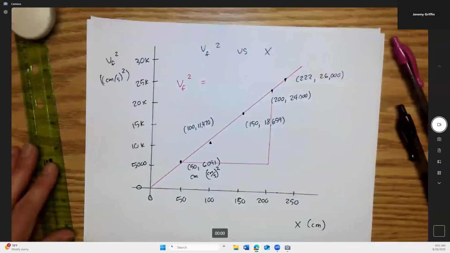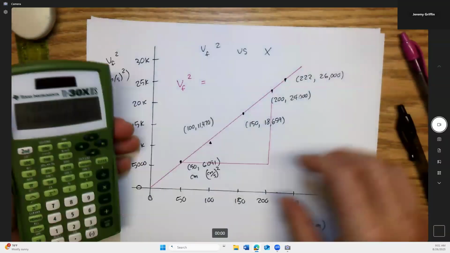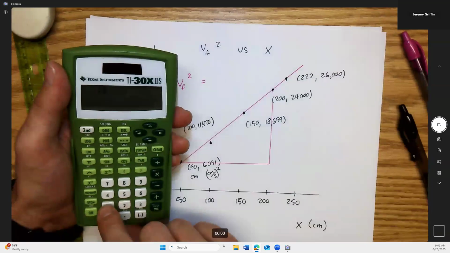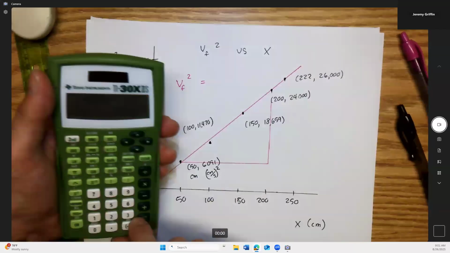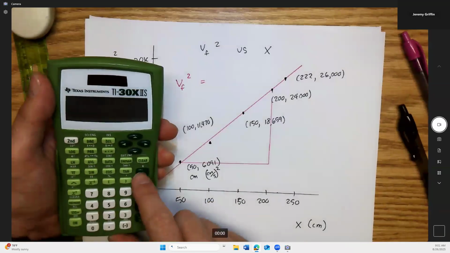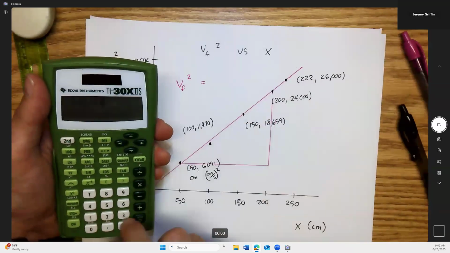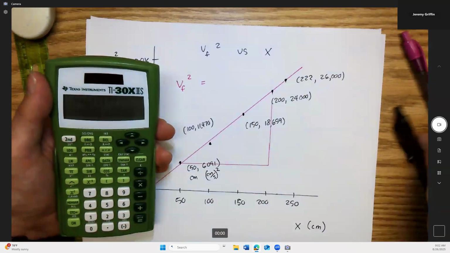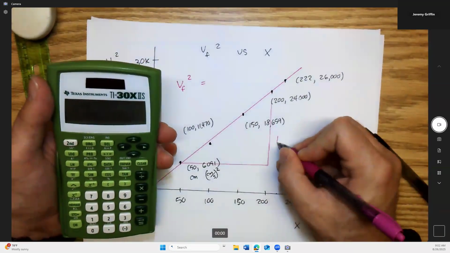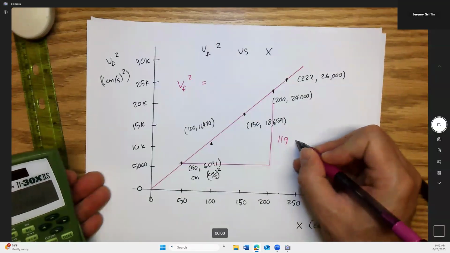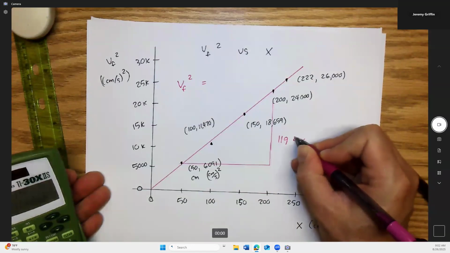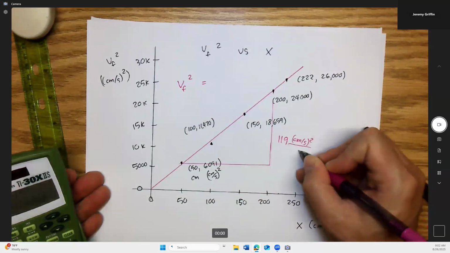Go slope. Okay, so that'd be a change in 24,000 minus 671, all divided by 200 minus 50, 150. Okay, I'm getting like 119 something. Now this would be centimeters per second collectively being squared, all divided by centimeters.